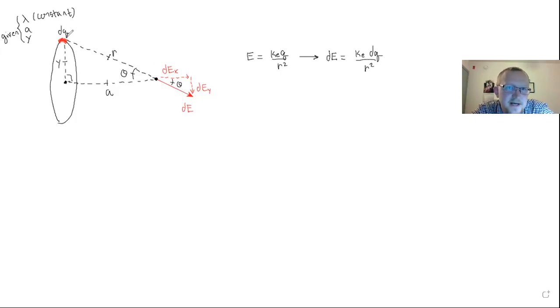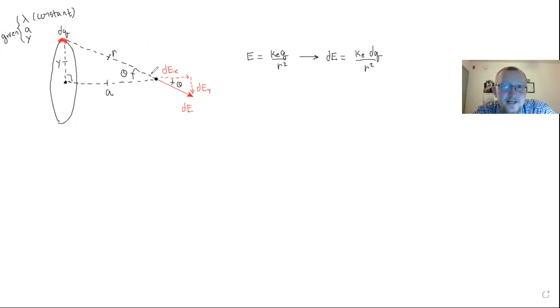The electric field will always be collinear to that radius. It's either going to point away from the charge or directly towards the charge, depending on whether lambda is positive or negative. The way I'm drawing it assumes that lambda is positive, but we can solve it arbitrarily like this, and when we plug in lambda, it will make the E field point one way or the other.